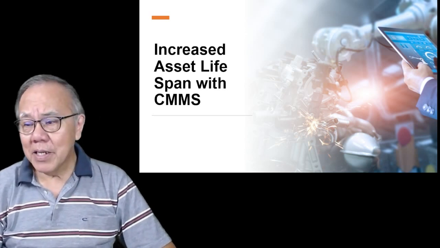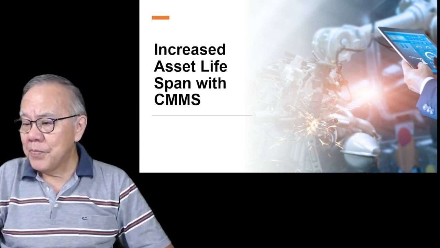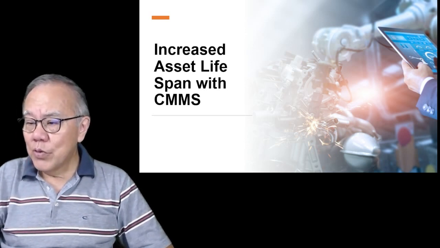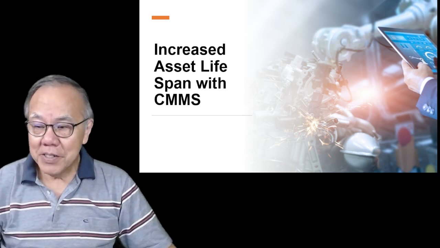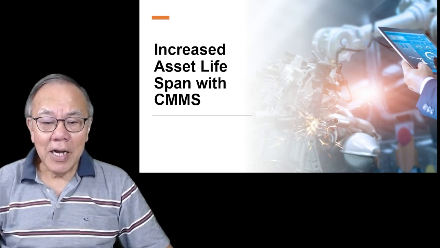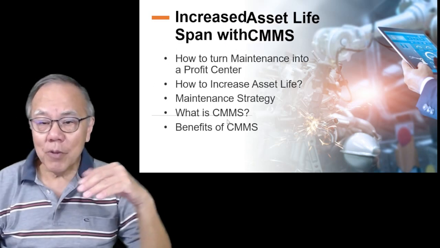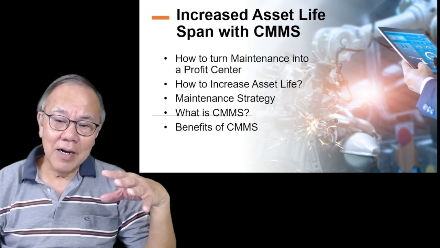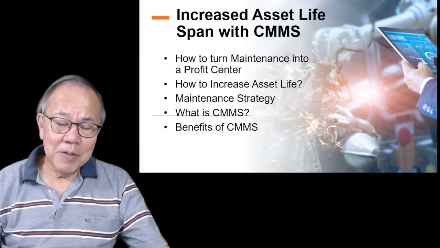Okay, basically what we are doing is we're going to look at how to improve your asset life. That's the basic. So for this morning, I'm going to run just a few topics. How to turn your maintenance into a profit center.